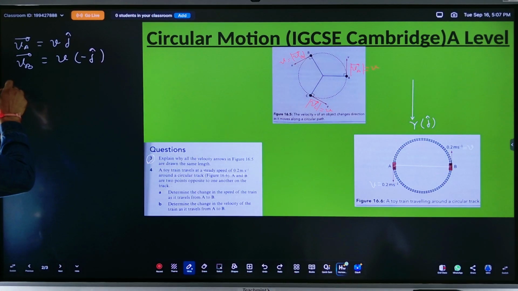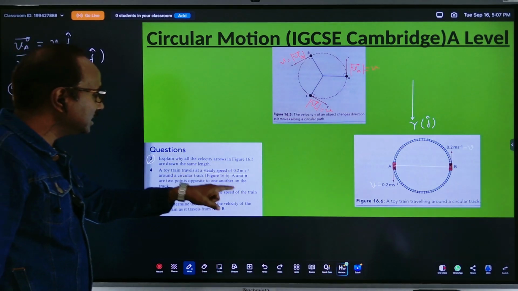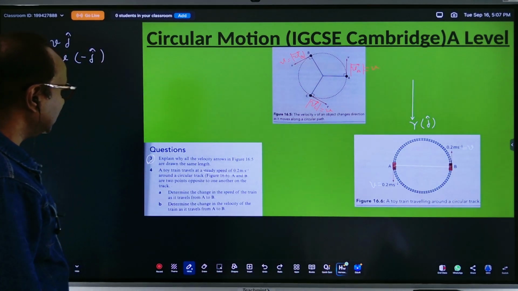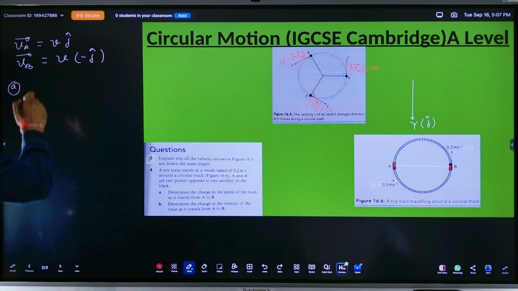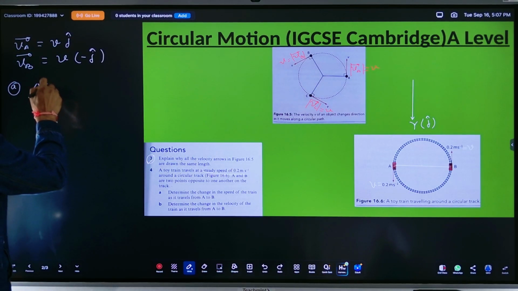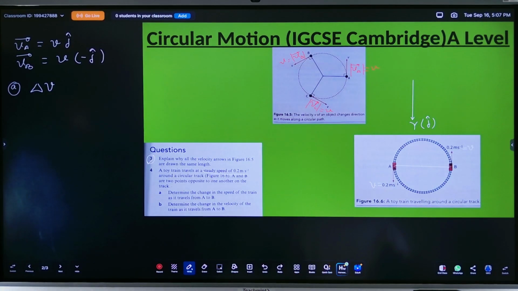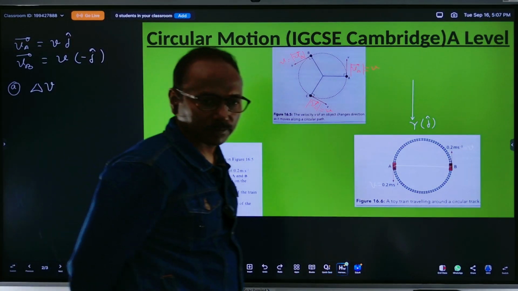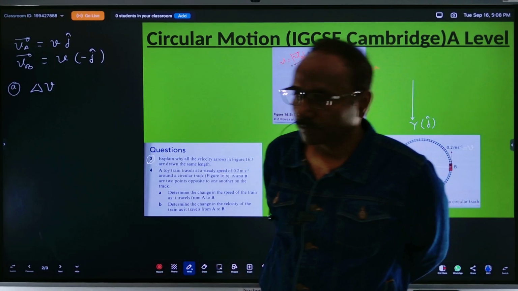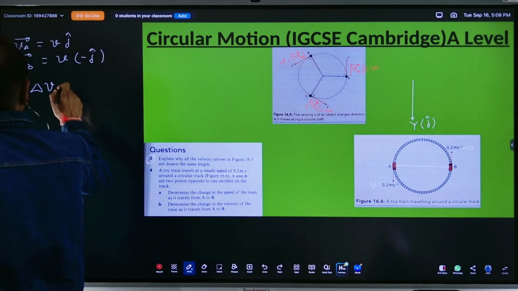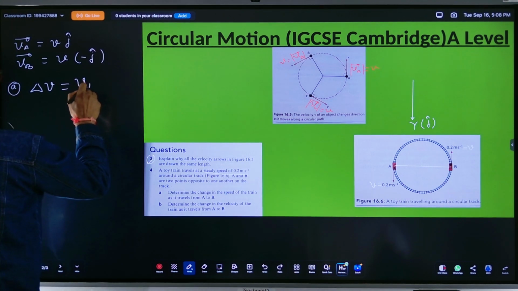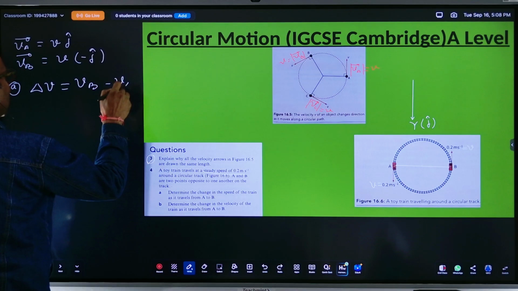In part A, what is it asking? Determine the change in the speed of the train as it travels from A to B. So mathematically, change in speed is written like this. It will be VB minus VA.